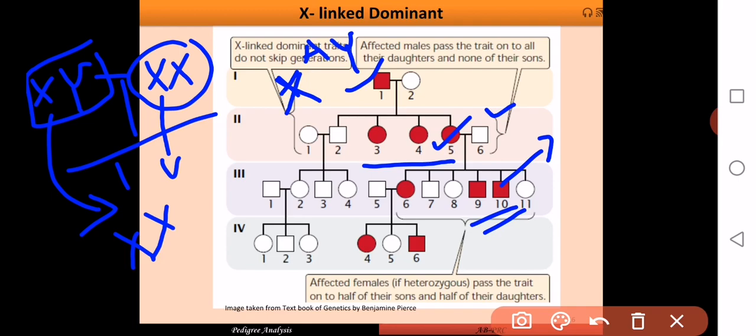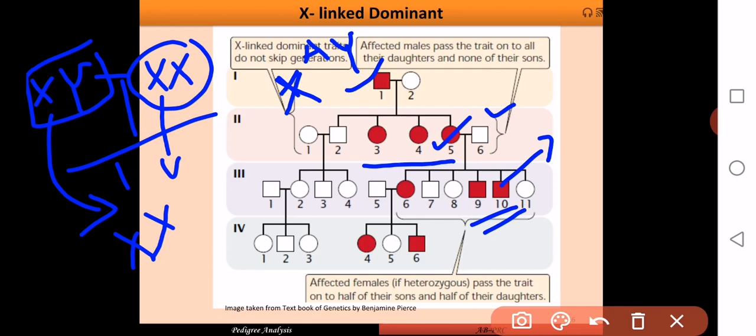In that situation, all the daughters will be carrying this affected X chromosome, and that's why all the daughters are affected. There is no possibility to obtain a disease-free X chromosome from a father if he is affected, right?